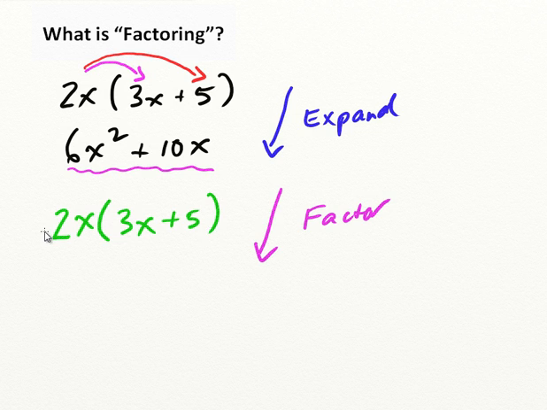So common factoring has allowed us to take a mathematical expression that is joined by addition, in this case, and turn it into a mathematical expression that has terms, but this time they're joined by multiplication. And that's what factoring is.